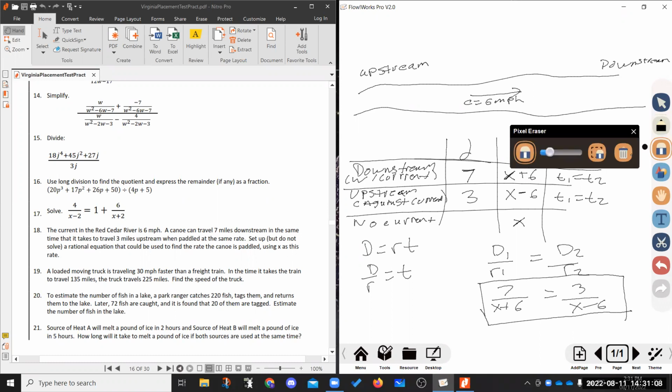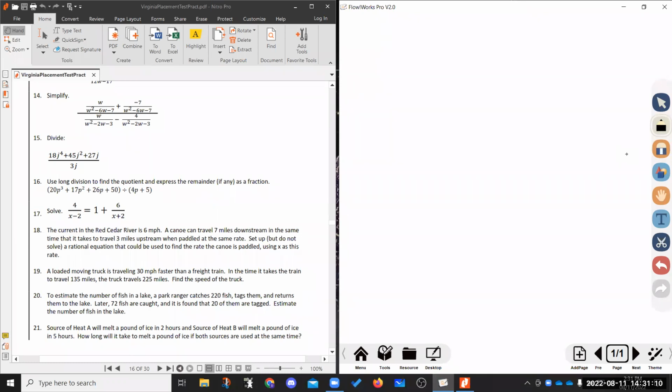Let's go ahead and clear that. A loaded moving truck is traveling 30 miles an hour faster than a freight train. We're going to have distance, rate, time again. So we've got the moving truck and we've got the freight train.